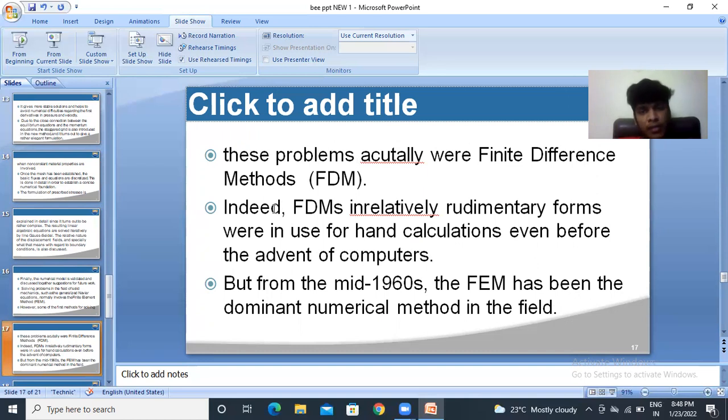Indeed, FDMs in relatively rudimentary forms were in use for hand calculations even before the advent of computers. But from the mid 1960s, the FEM has been the dominant numerical method in the field.